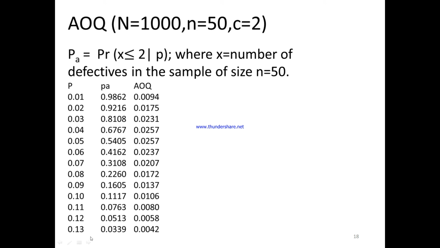So I have the PA values, AOQ values and the P values. So what I'm going to do is, I'm going to take the P values to my x-axis and take the AOQ values, that is the average outgoing quality values, to my y-axis and plot a graph.